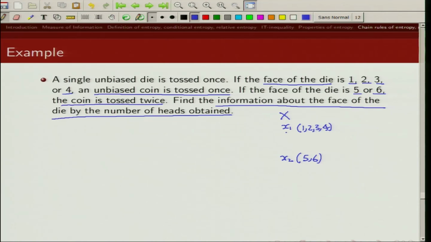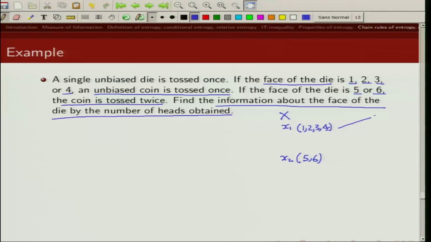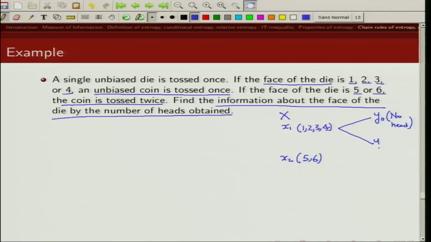Now if I get 1, 2 or 3, I toss a coin once. If I toss a coin once, what can I get? I can get a case when there is no head, or I can get a condition that there is only one head.